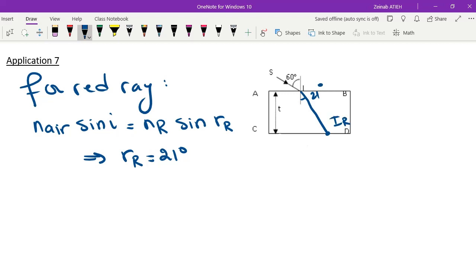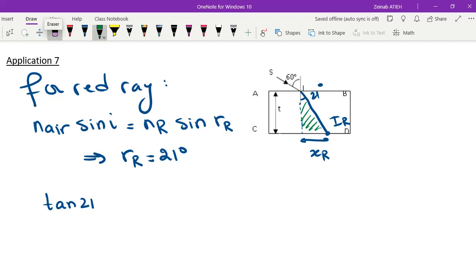Let's find this distance. Let me call it X_R. Okay, so tangent 21. I'm using this triangle.